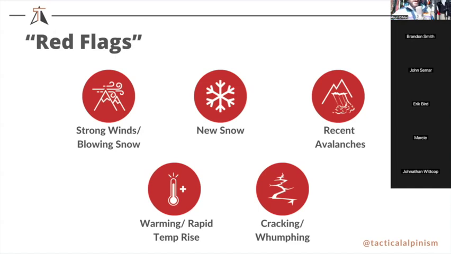They might pop up on your Instagram or social media, where you'll see a cascade of ripples going away from a person as one of these whoomphs happens. That is a massive failure in the snowpack, and that is an indicator of incredibly unstable conditions.